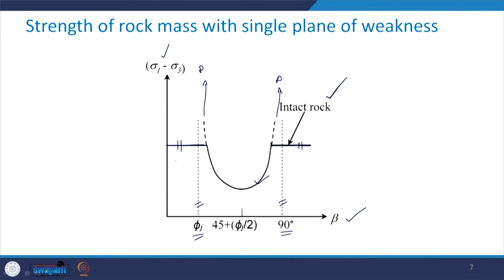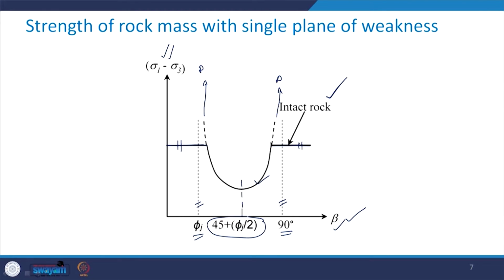If you plot sigma 1 minus sigma 3 versus beta for various values of beta, you will see a minimum value of this strength at the angle 45 plus phi j by 2.